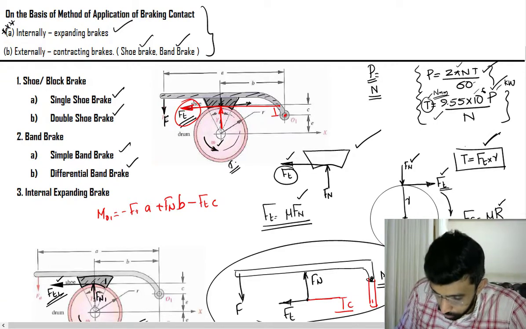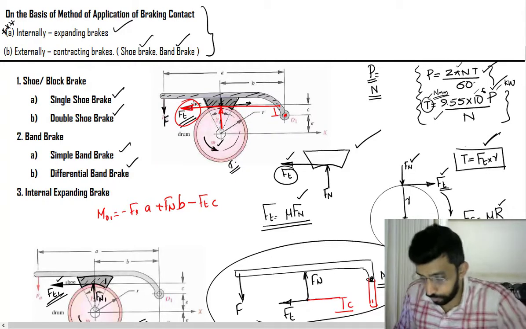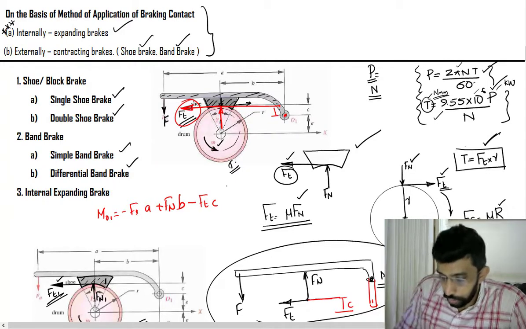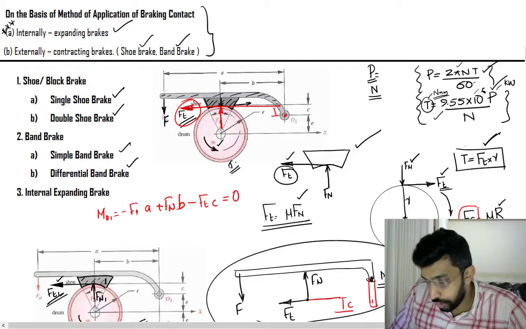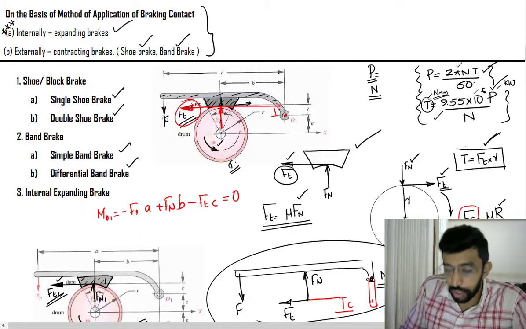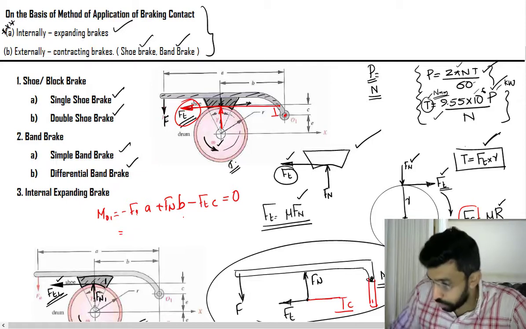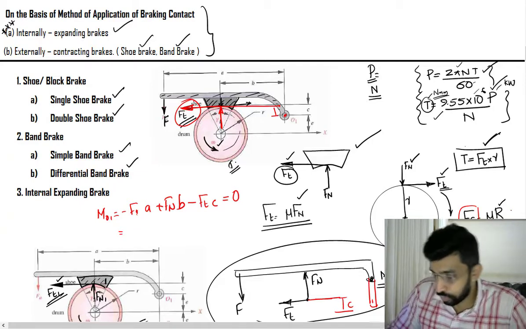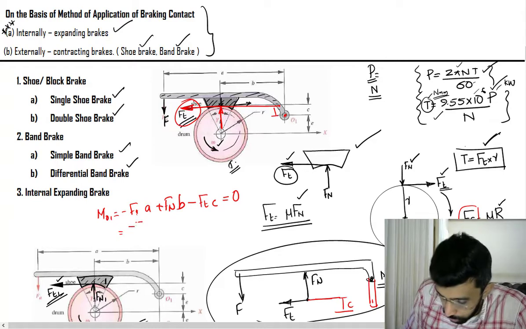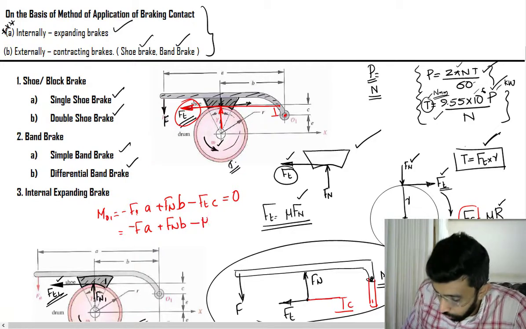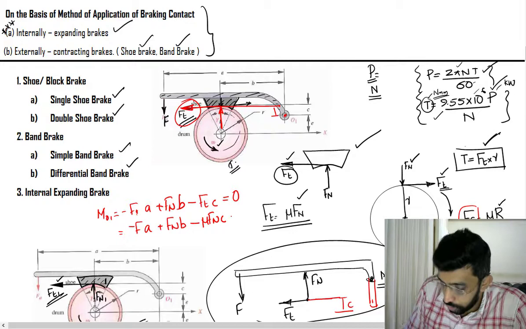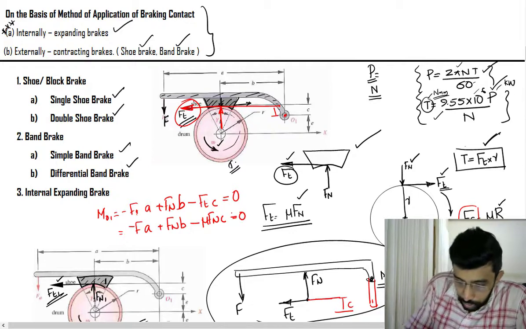So it has to be minus F into A, right? In the equilibrium equation, we are equating it to 0, and if you substitute the value of Ft in terms of Fn, or Fn in terms of Ft, how will it look? Say I am going to substitute Ft in terms of Fn. So it is going to be minus F into A plus Fn into B minus Ft, which is nothing but mu into Fn into C, equal to 0.